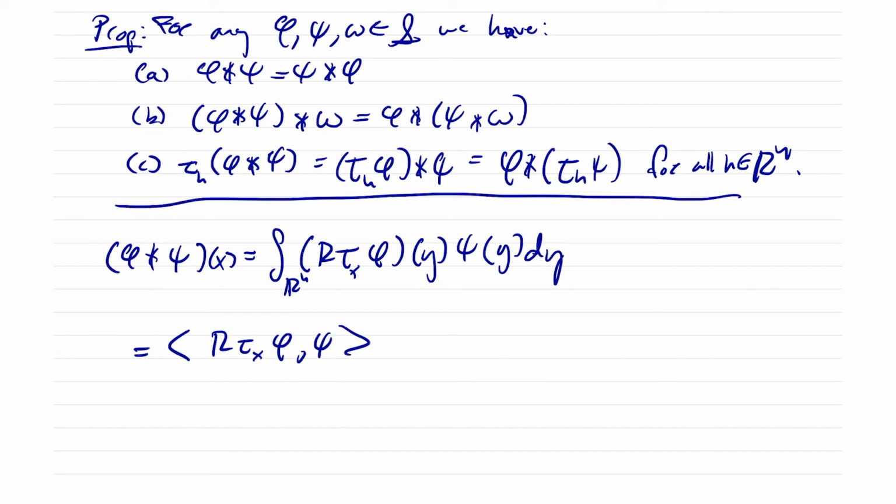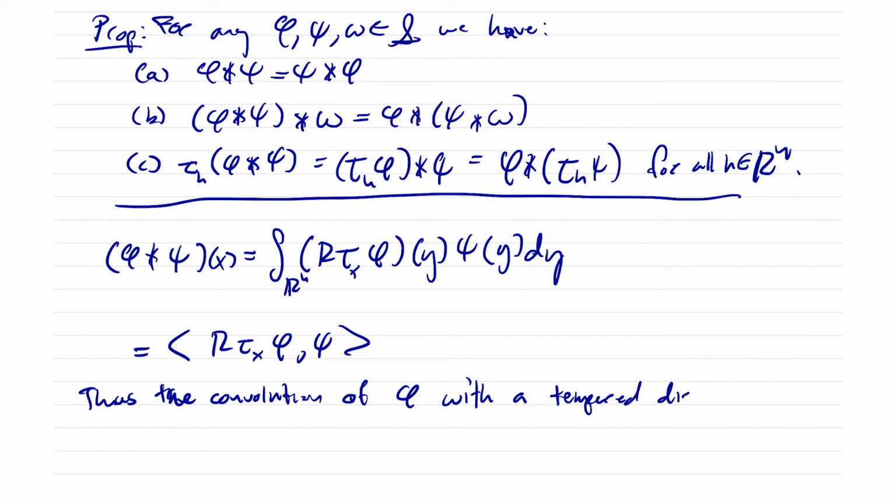So then we can talk about convolution. Thus the convolution of phi with a tempered distribution T, say in S star, may be defined as follows.